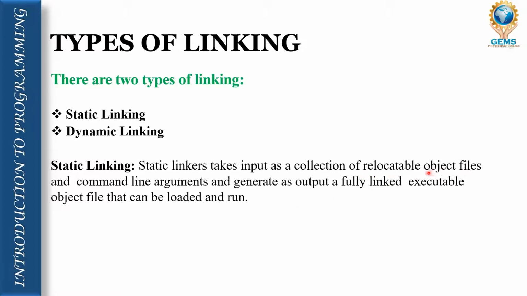Please make a note: static linking takes object files and command line arguments as input, and produces as output an executable object file that can be loaded and run on the computer.